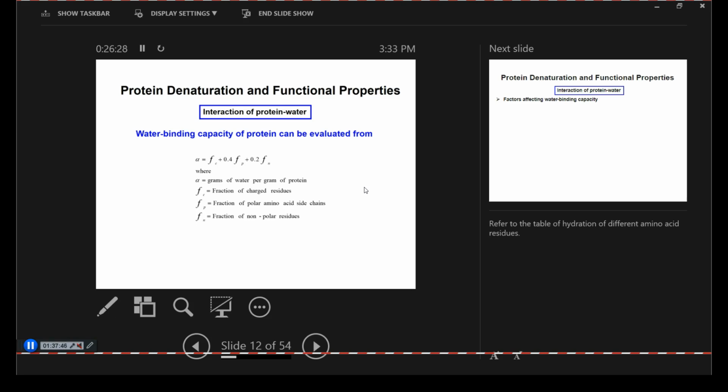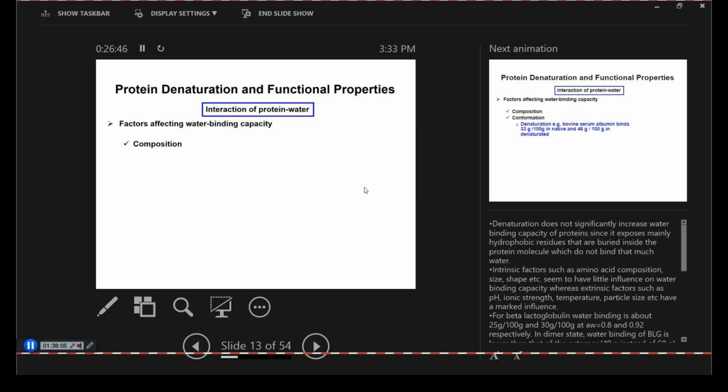Okay, but the point here that I want to emphasize more than the equation itself is that different residues have different impact on how much water can be bound to the protein. And mostly it goes by charged, then polar, then nonpolar residues. So that's composition. Conformation is also important.